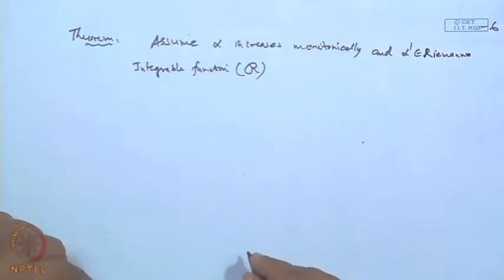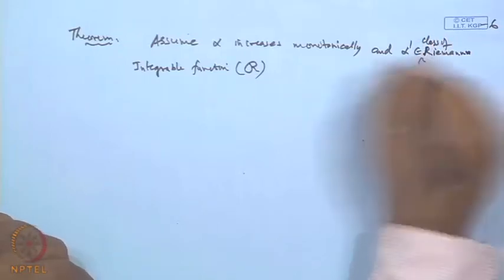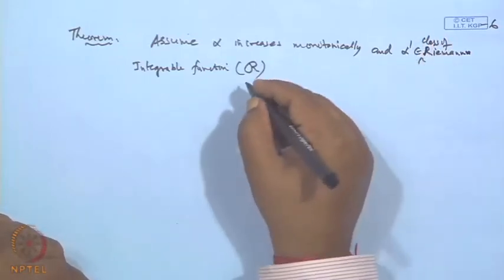Okay. So, alpha dash belongs to the class of Riemann integrable functions on [a, b].